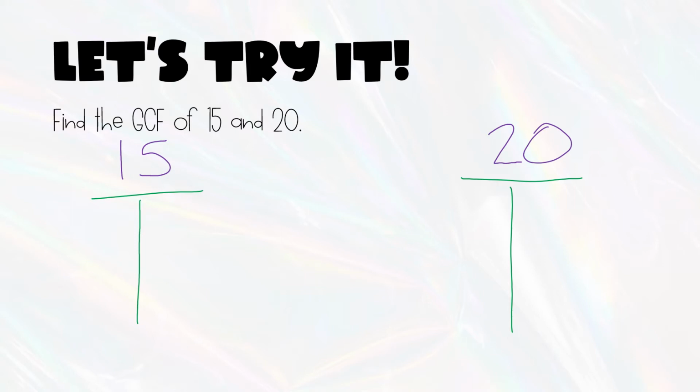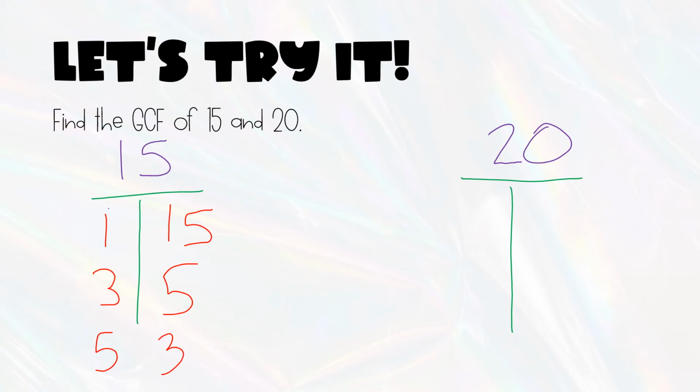I know that 1 times 15 gives me 15. I know that 3 times 5 gives me 15. And it's a good rule of thumb to do at least 3 factors so that you can compare them. And I know that 5 times 3 gives me 15.